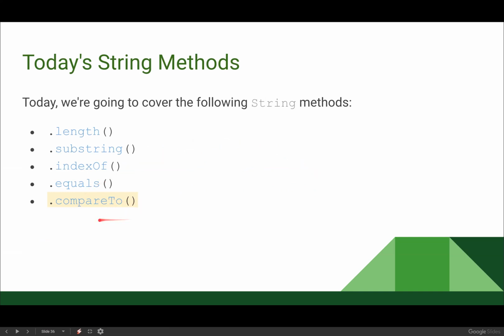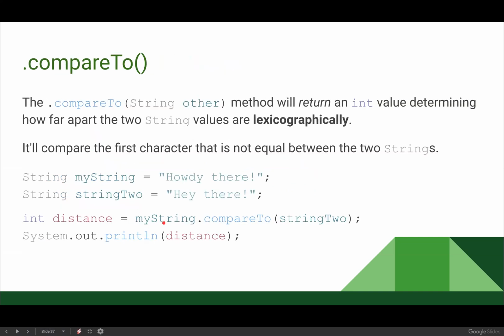All right, last one for today, we're going to talk about compare to. The compare to method, which also accepts another string, will return an integer value determining how far apart the two string values are lexicographically, which is a huge long word, and we'll get into what it means and why we use it and how we figure that out.